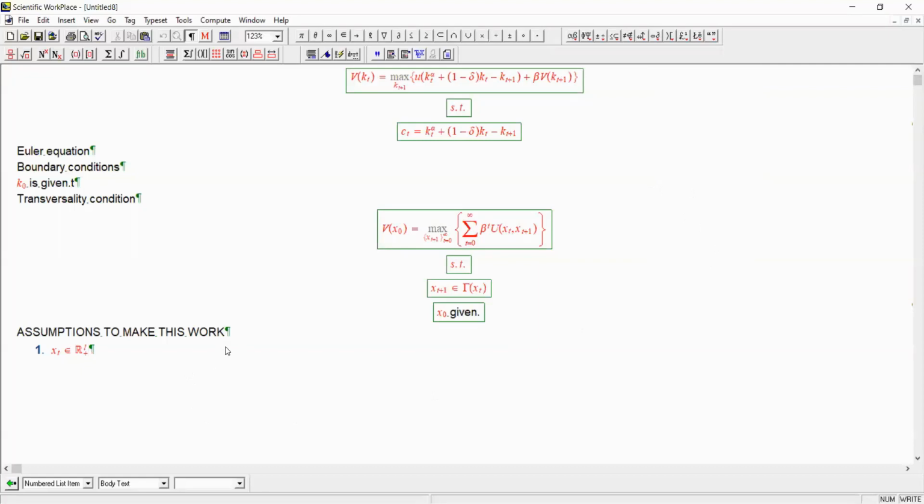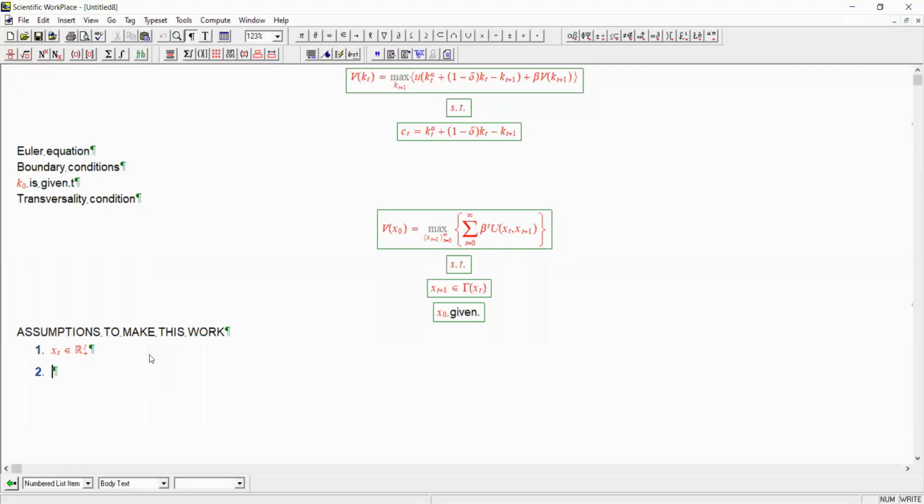You could have multiple variables that the agent is taking as given on date 0 and then choosing that will then constrain them in the following date. By the way, any such variable which you start by taking as given, but which you're choosing for a future date, which will then be something that you take as given then, we refer to as a state variable. So the state variable is positive and could be multidimensional.